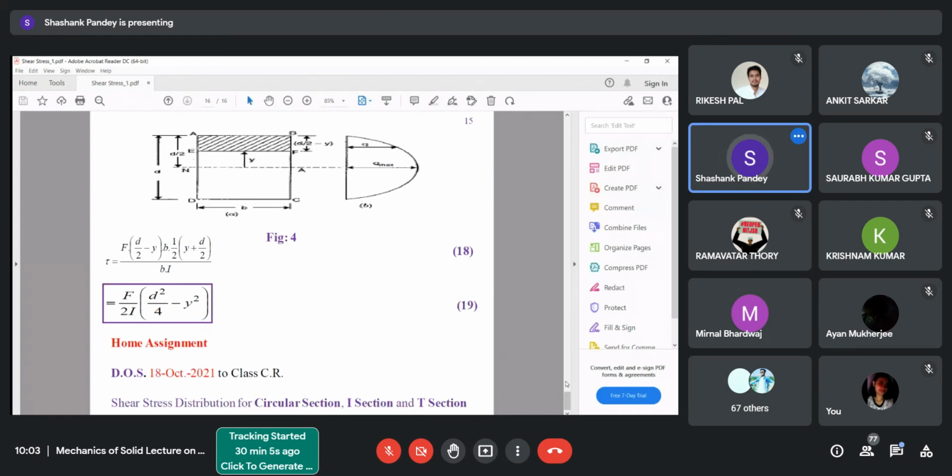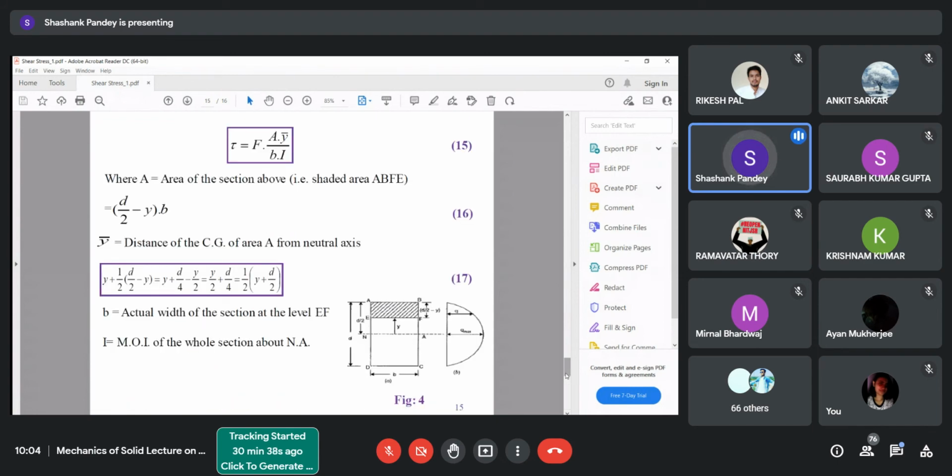No: at the neutral axis, y is equal to 0, and tau will be maximum. But at distance AB, or at point B, it is equal to 0. That's why it is parabolic in nature, and the expression is given by equation 19. So this we have derived for the rectangular cross section.